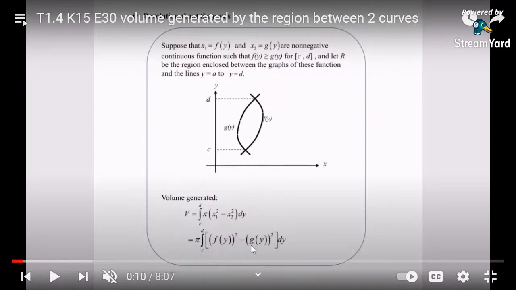Sebab the longest minus the shortest with respect to y. Sekiranya respect to y, maksudnya elemen dalam sini semua kena in terms of y. So ini adalah basically formula untuk volume yang melibatkan two curves.